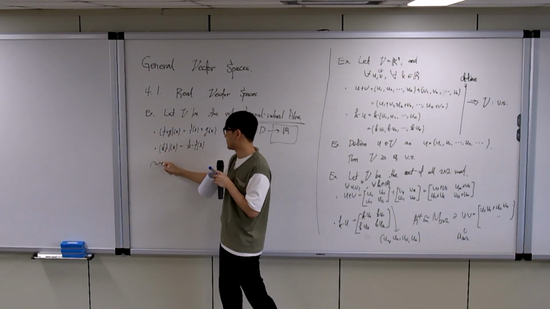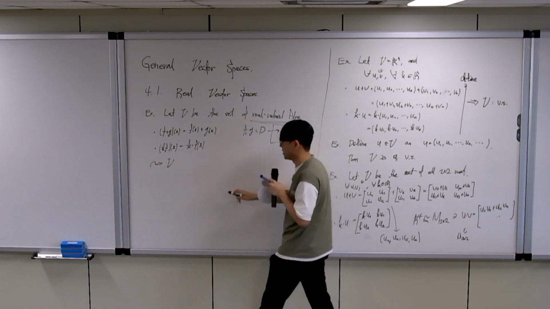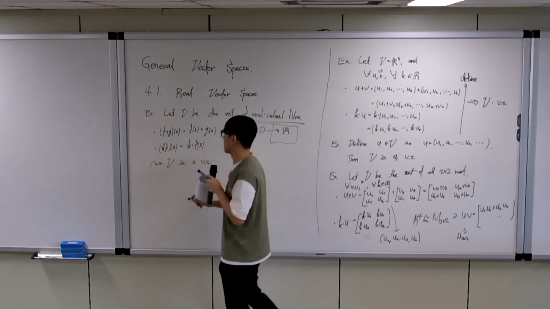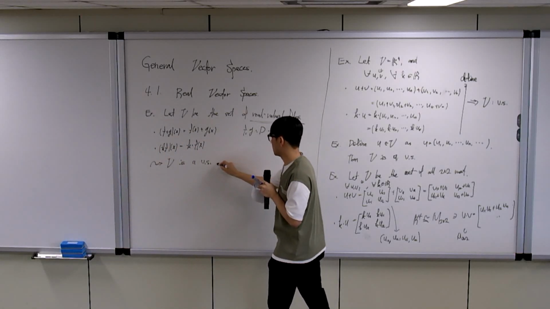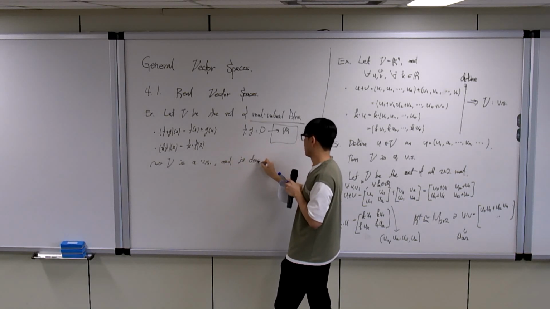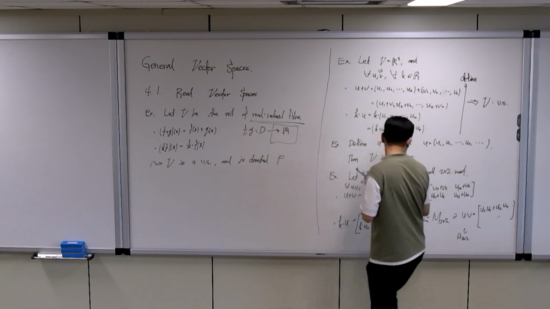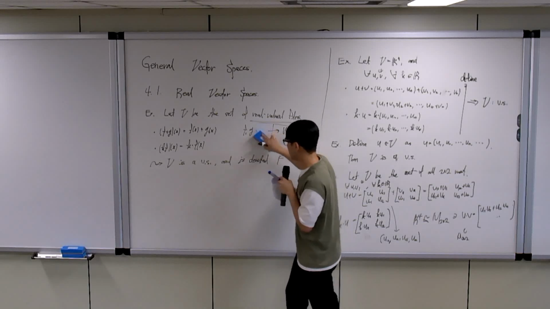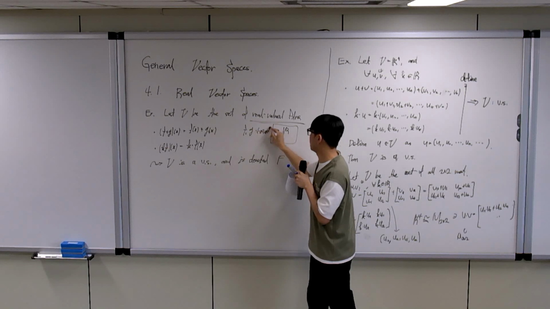And so for that reason, the set V is also a vector space, and it is denoted F over D, and now I will write D as the interval from minus infinity to infinity.